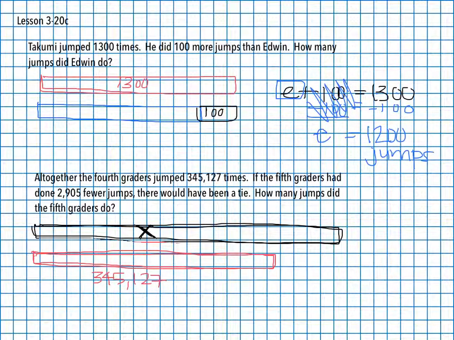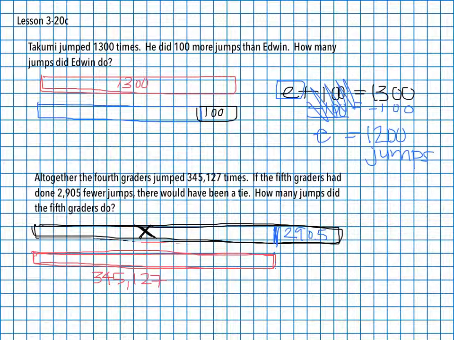Now, it says if the fifth graders would have done 2,905 fewer jumps, there would have been a tie. So if the fifth graders would have taken out 2,905 jumps, there would have been a tie. So pretend that those are even. So how many jumps did the fifth graders do?